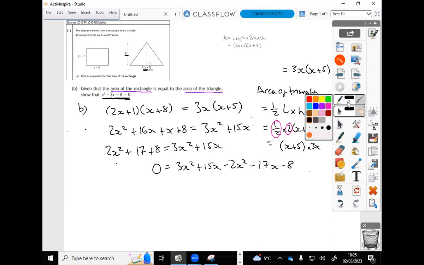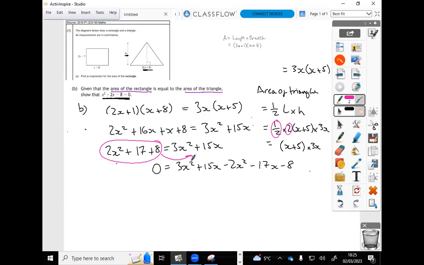I've moved all of those terms over to the other side. I'm not trying to jump ahead or complete it already, just move all of those terms to the other side. Because they're positive on the left-hand side, they'll become negative on the right-hand side.